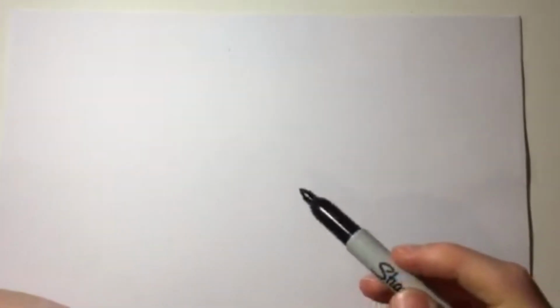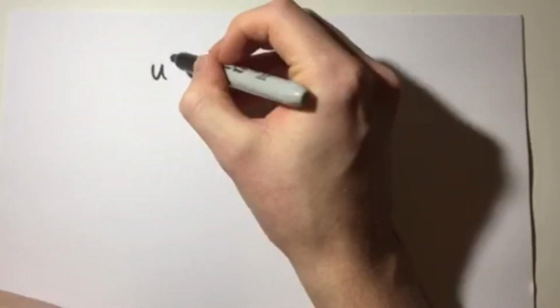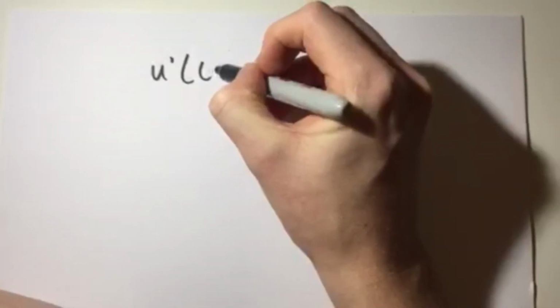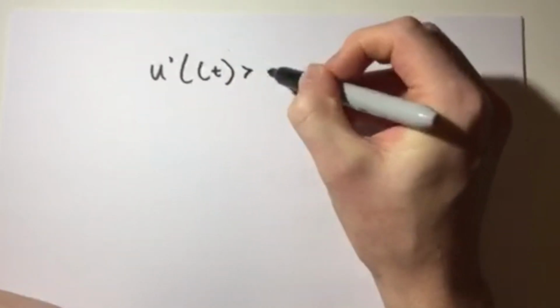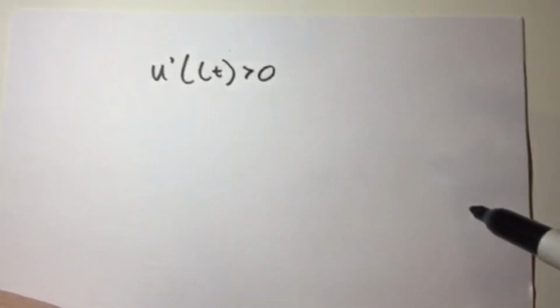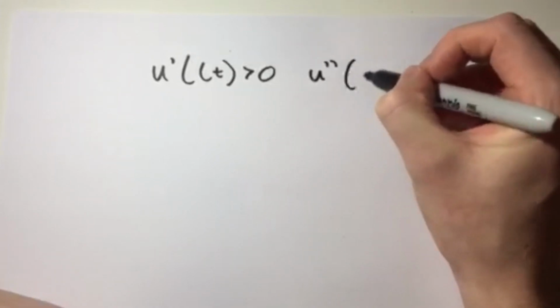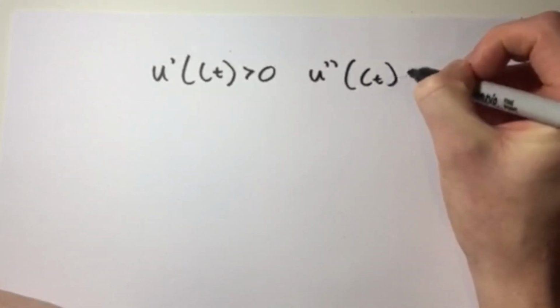So in order to understand this, let's just pick either period, period 1 or period 2. I'm going to look at the first period. What this means is that it's strictly increasing, and so the first derivative is going to be greater than 0 or positive. And because it's strictly concave, this means the second derivative is going to be negative.